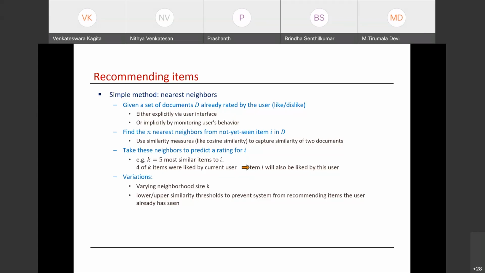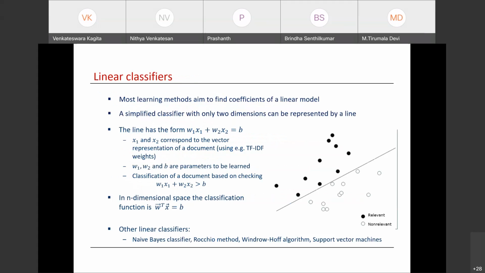So that is how you can do content-based recommender systems. Once you represent the TF-IDF vector, that is a feature vector. Now you have the feature vector and the corresponding rating given by the user.